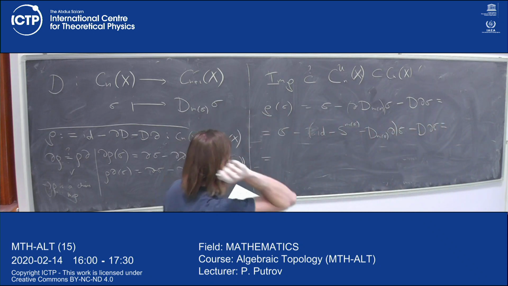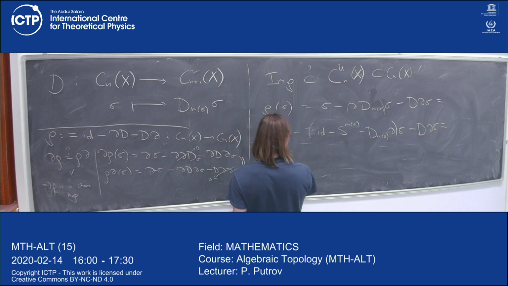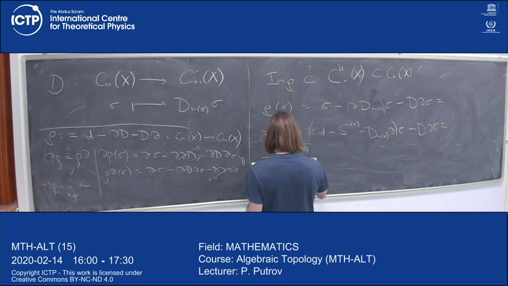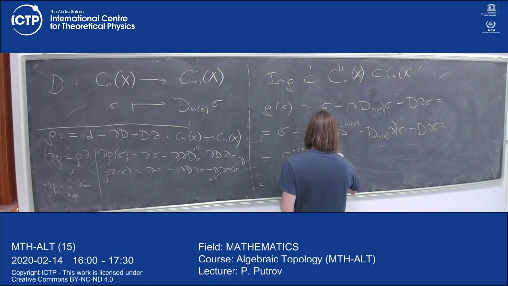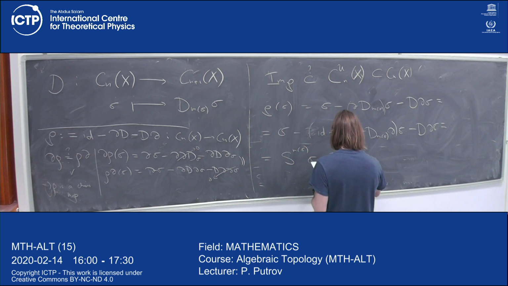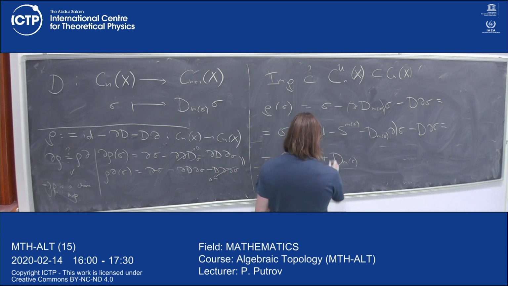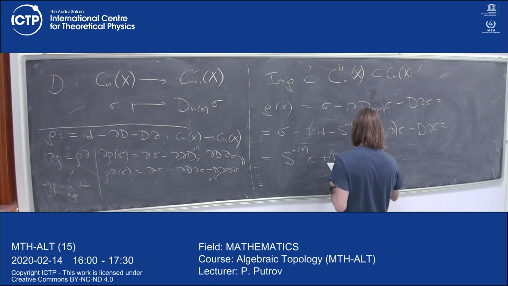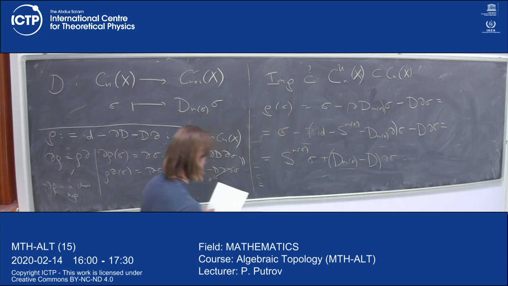And again, this cancels out, so what is left is s sigma plus d_m sigma minus d acting on d sigma.